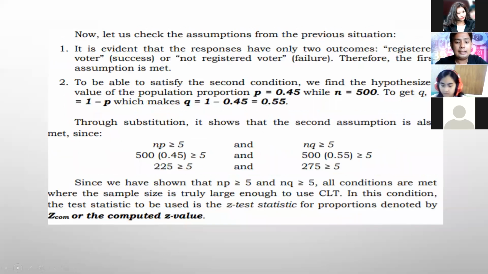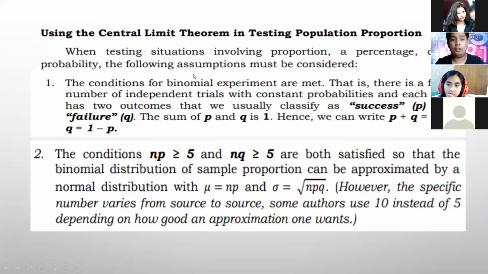So, in this case, gagamitin natin itong idea na ito. So, katulad nga kanina, balikan natin, sabi kanina ay ang P is the success and Q is the failure. So sa registered na 200 kanina, out of 500 raw, ano yung na-meet natin? Balikan lang natin ha. Ito.